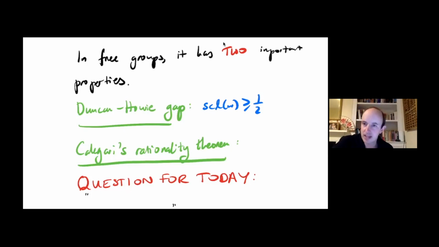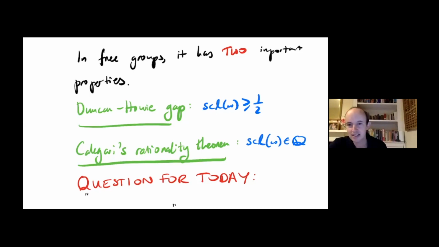And then another beautiful result that helps us think that stable commutator length is still interesting even though it's not an integer is Calegari's Rationality Theorem. And here Calegari proved that the stable commutator length is always a rational number. So although it's not an integer, it is always rational. And of course, that wasn't obvious from the definition because I gave you this definition as a limit.